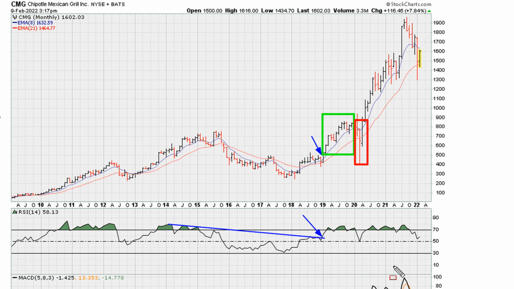So this move here breaks the prior breakout. Hope that makes sense. At any rate, let's continue, because I'll explain this in a second.